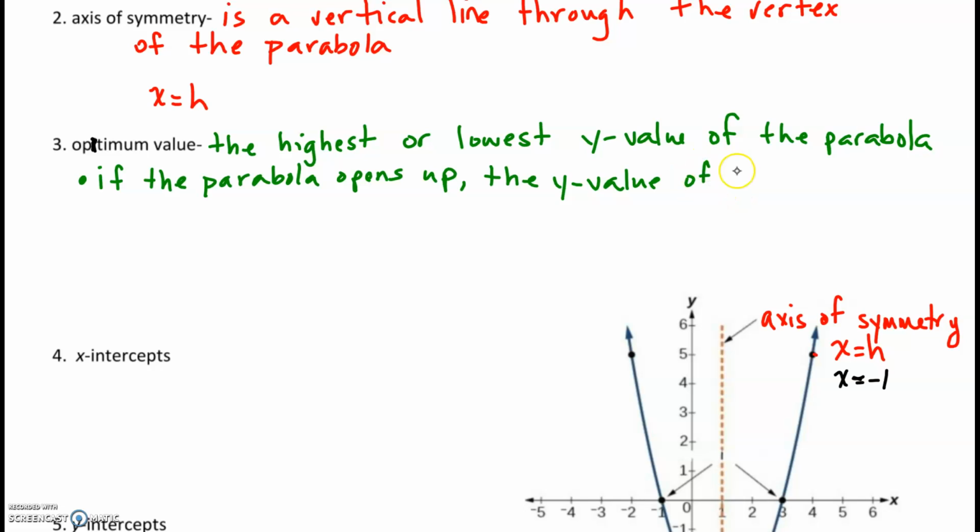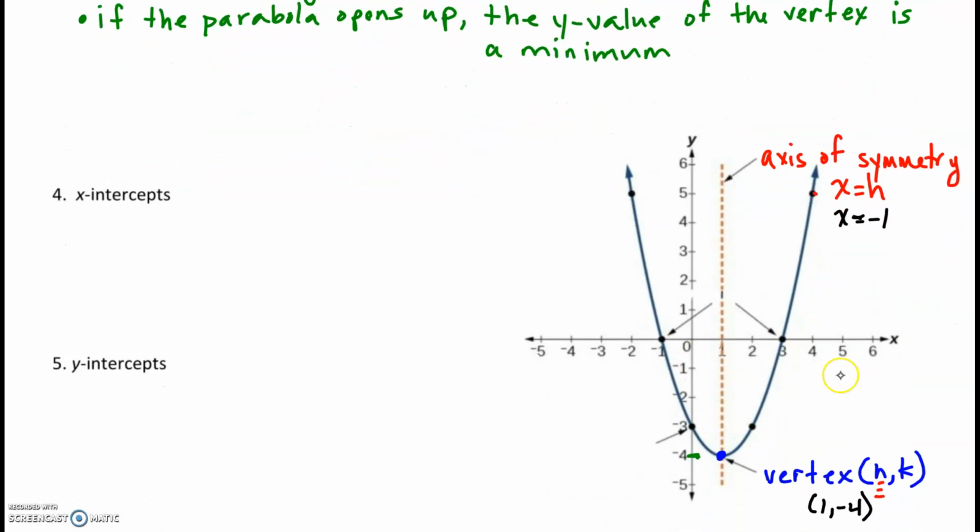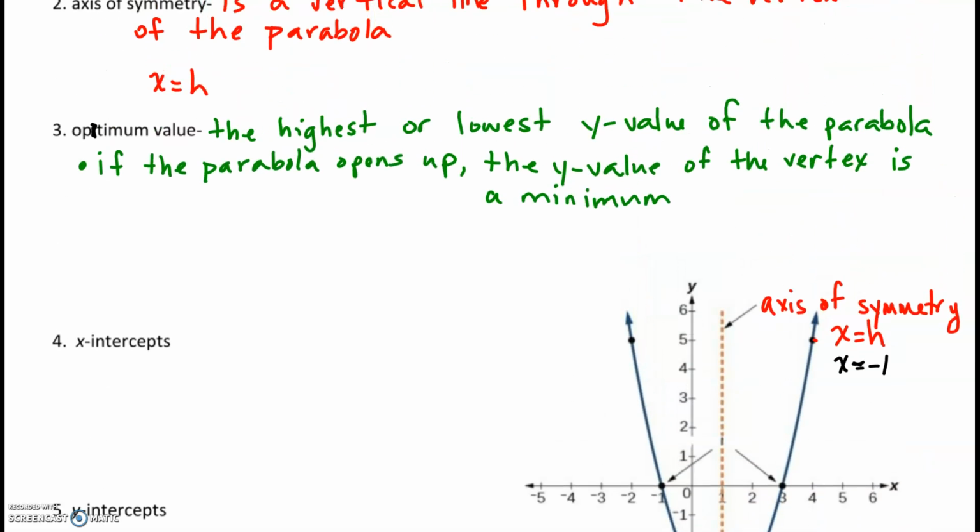So it's the y value of the vertex, sorry, I said that wrong, is a minimum. So in this case, our parabola is opening up, and we can see the minimum value is -4. So this is the lowest possible y value, and it is also the y value of the vertex.